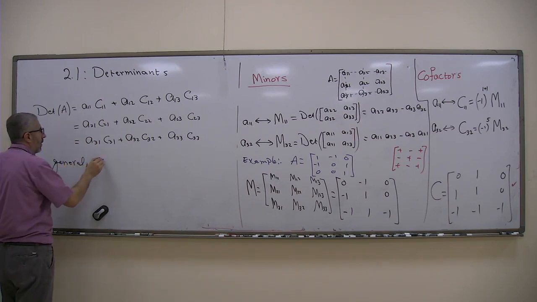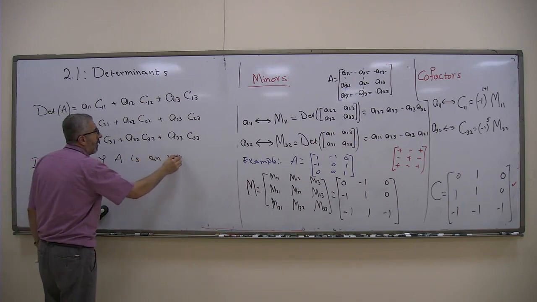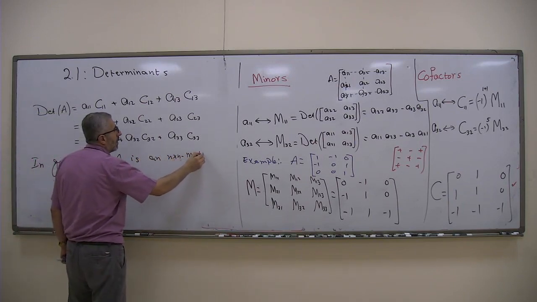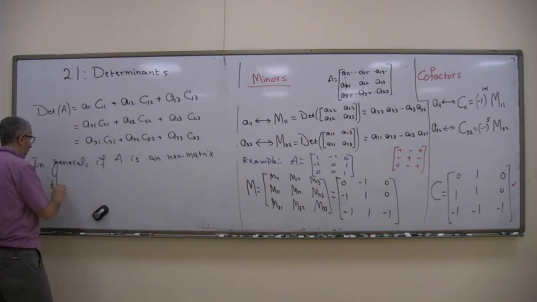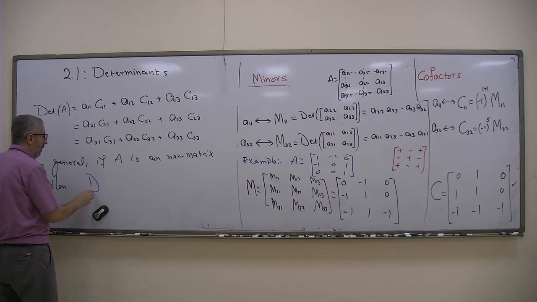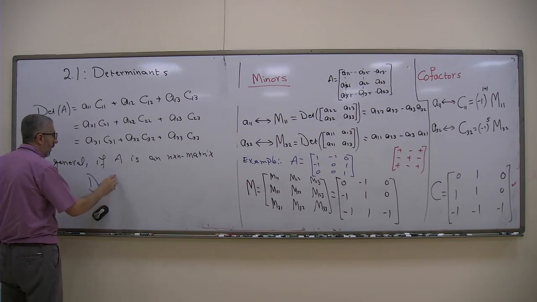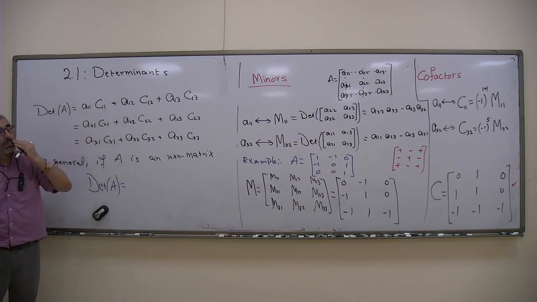if A is an n by n matrix, then the determinant of A is, okay, let's write it in general here using any row, okay?